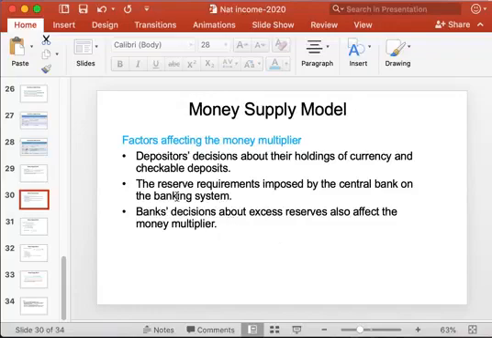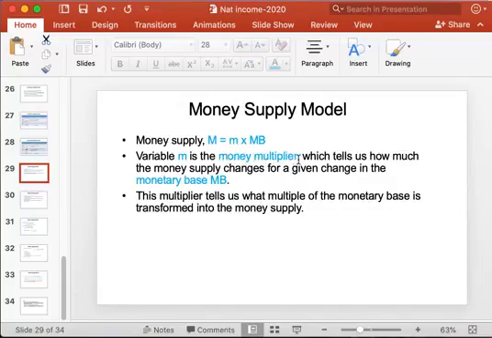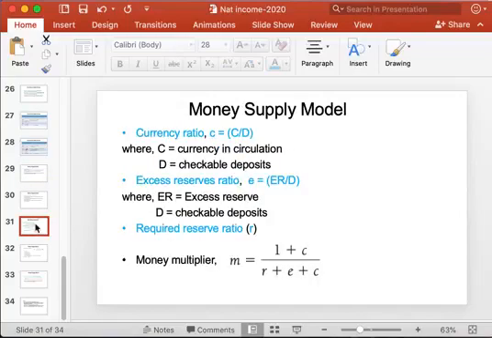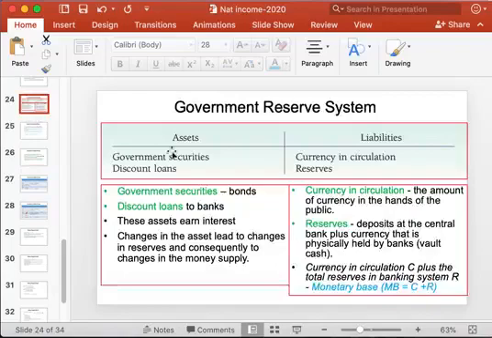So all these factors can be condensed into a factor called the money multiplier, and that money multiplier is actually given by this formula, where M is equal to 1 plus C divided by R plus E plus C, where C is nothing but the currency ratio, which is given by the currency in circulation divided by the checkable deposit, which you saw here.